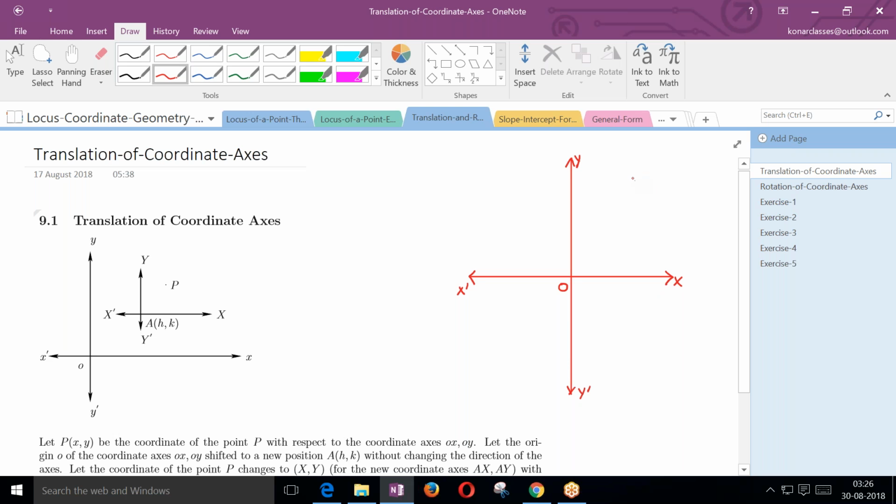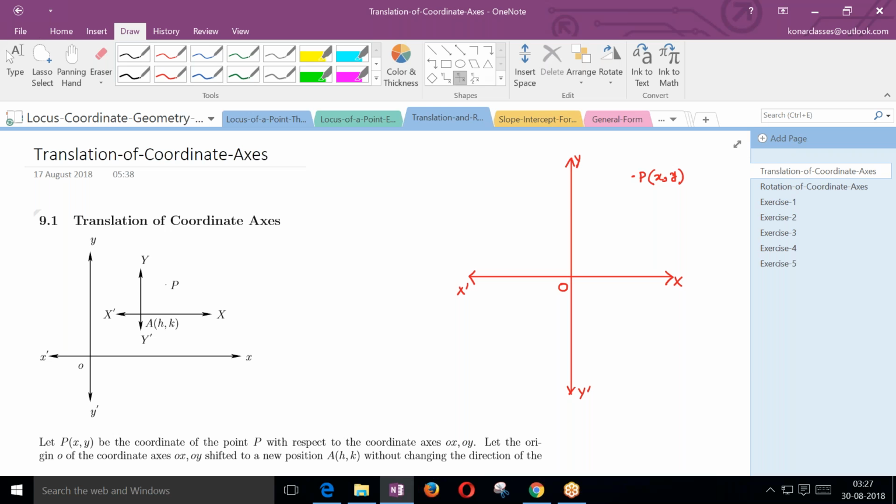Now, suppose we have a point P here with coordinates x comma y. Now we are going to shift the coordinate axis. That means from this point O, we are shifting the coordinate axis to a different point.